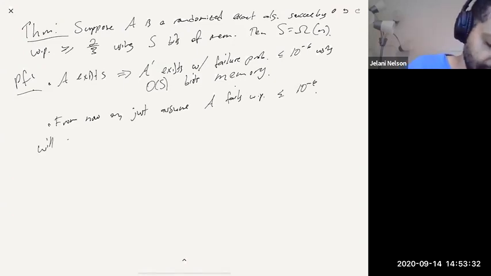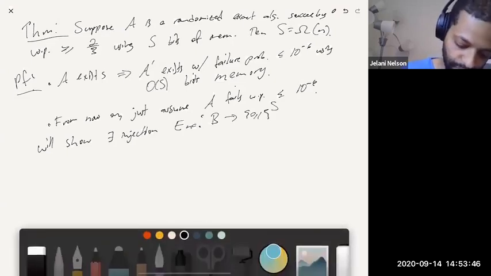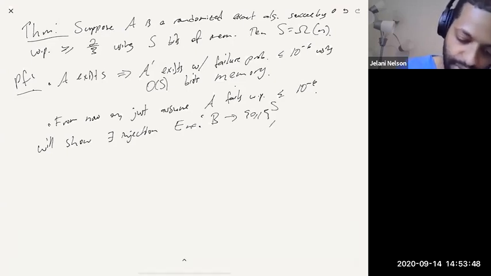We'll show that there exists an injection, enc, which maps B into {0,1}^S, where B is going to be a subset of BQL, and the size of B will be at least half the size of BQL.